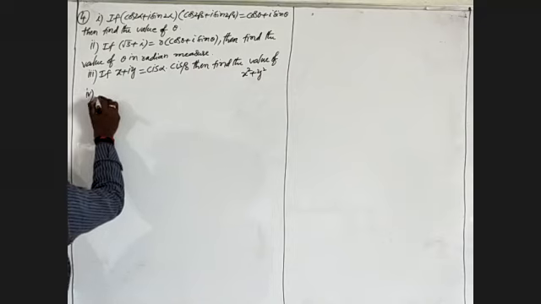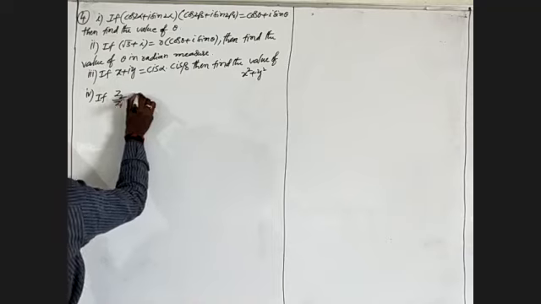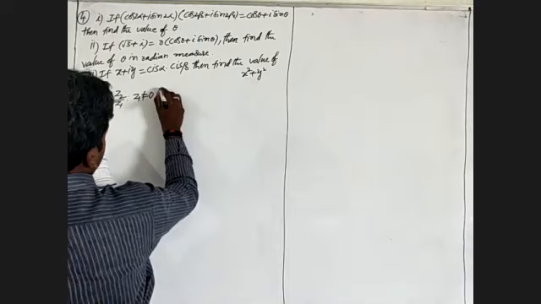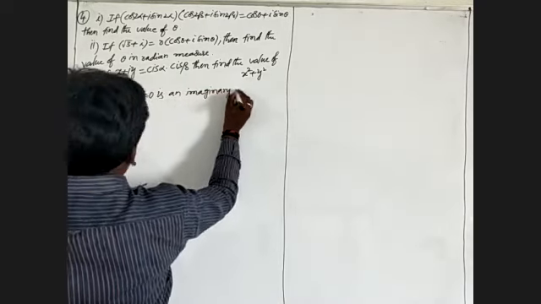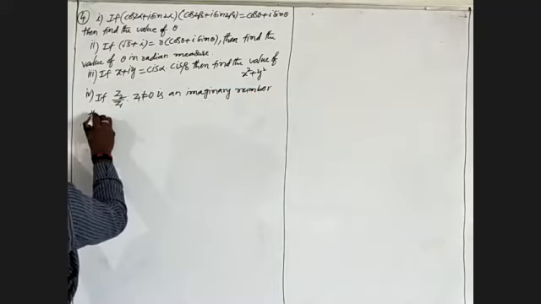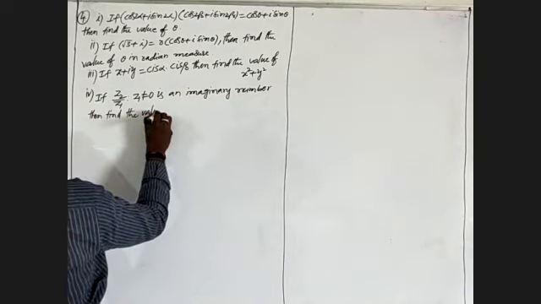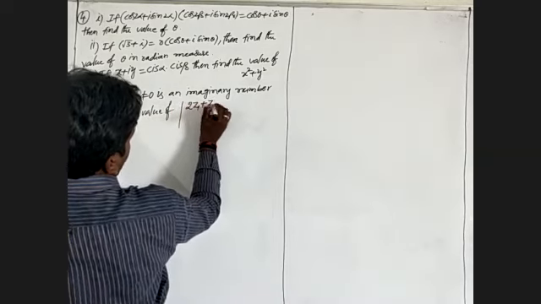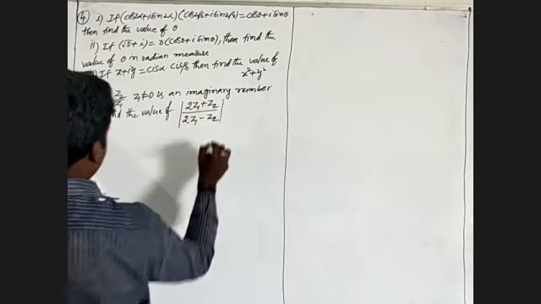The fourth one is, if z2 by z1, where z1 is not equal to 0, is an imaginary number, then find the value of mod of 2z1 plus z2 by 2z1 minus z2.